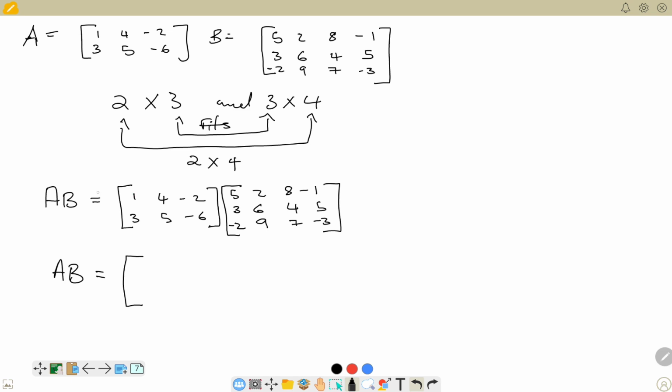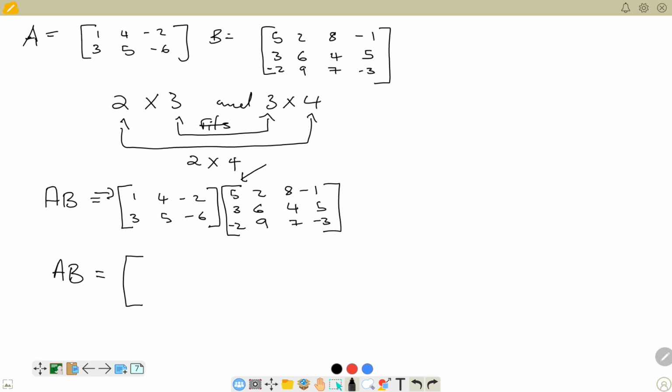So I will use the first row now. I'm dealing with the first column, multiplying with the first row.